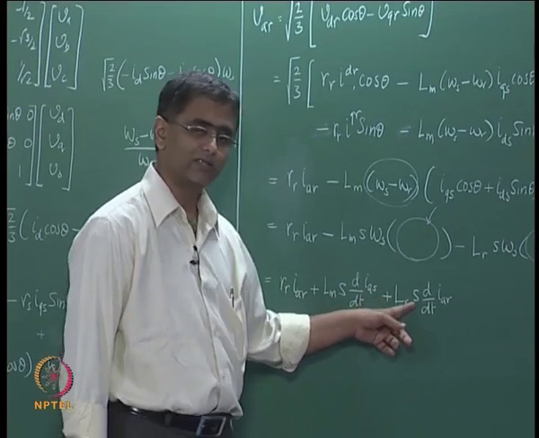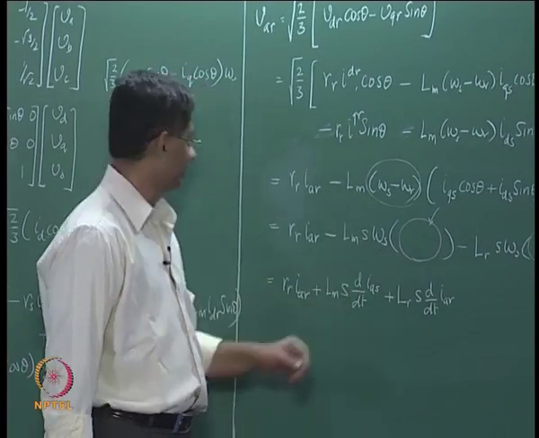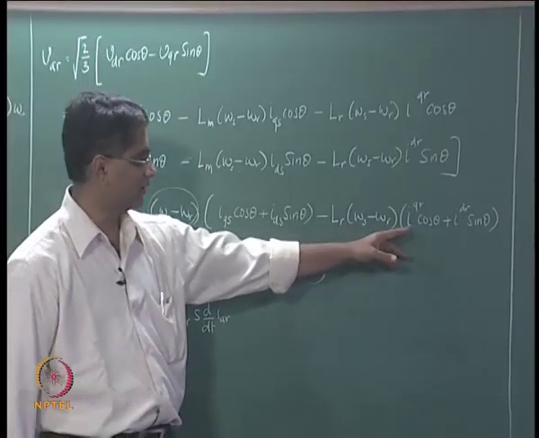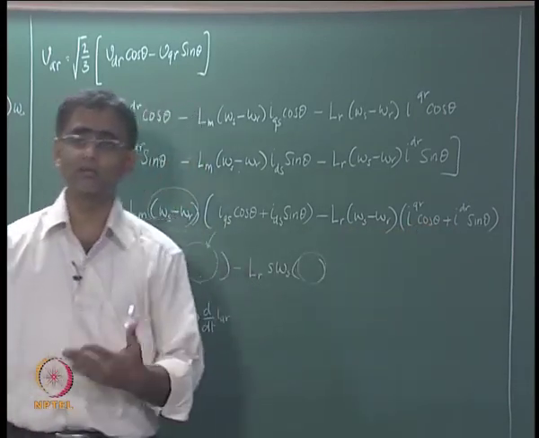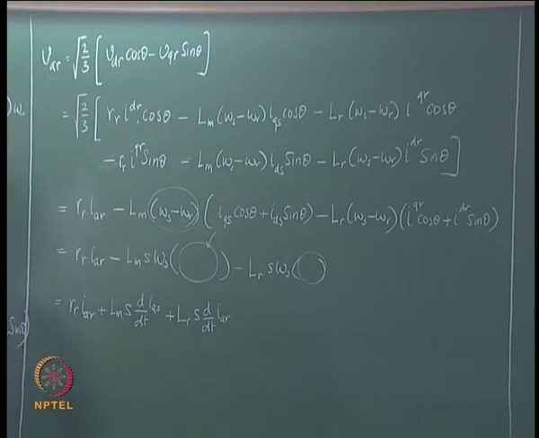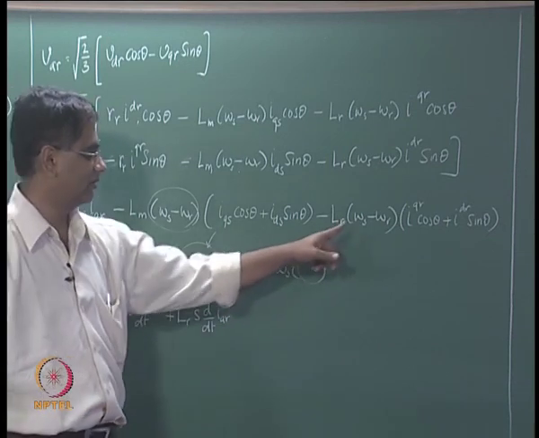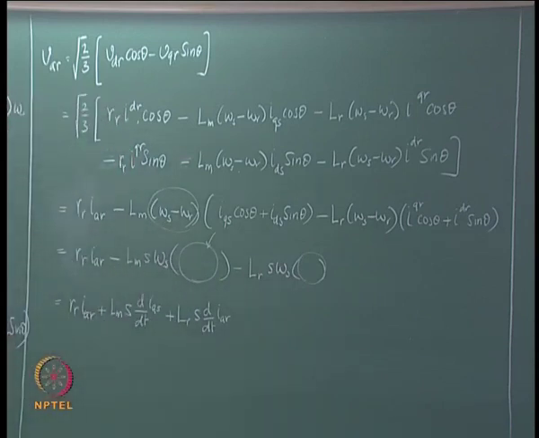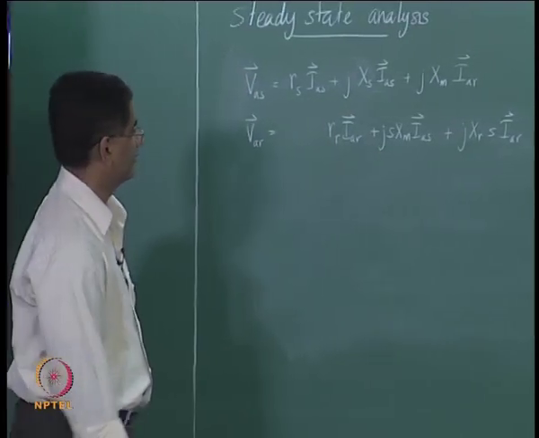So that in fact is indicated by S here, but equation wise what you are differentiating is this expression IQR cos theta and IDR sin theta, and theta is nothing but omega s into t, and therefore when you differentiate what you will get is only the supply frequency. This s comes as a result of this omega s minus omega r, and therefore when you look at it here what you get is XR, and that is the stator current phasor.